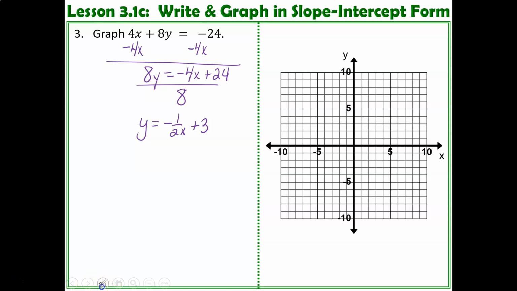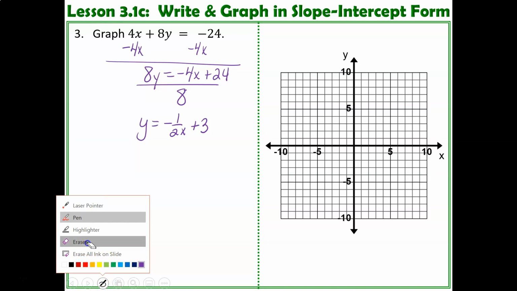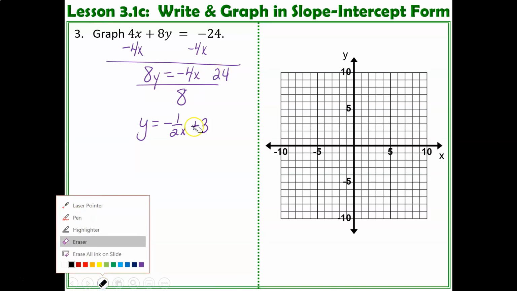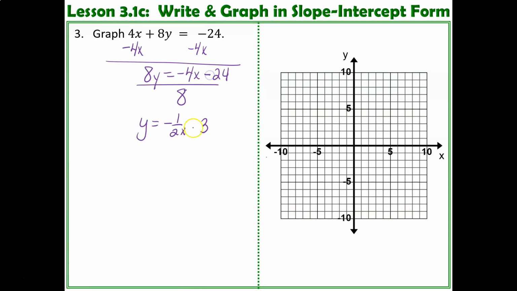Okay, let's just correct something. This is negative. So those both will be negative. So this is negative, this is negative. Sorry about that. Okay, so when you divide -24 by 8, it's -3. So my y-intercept is down here below the x-axis. So I'm going to go down 1 over 2, down 1 over 2.